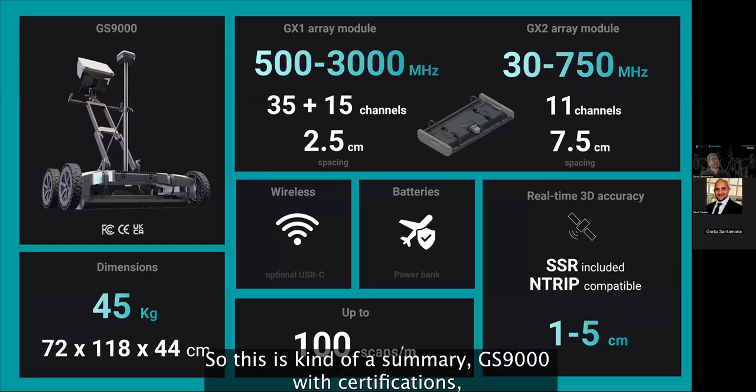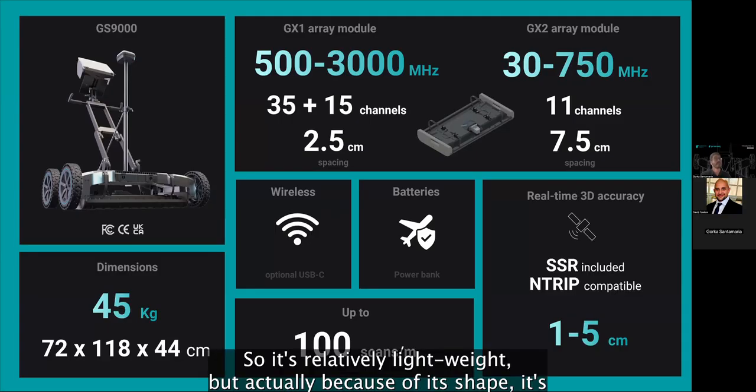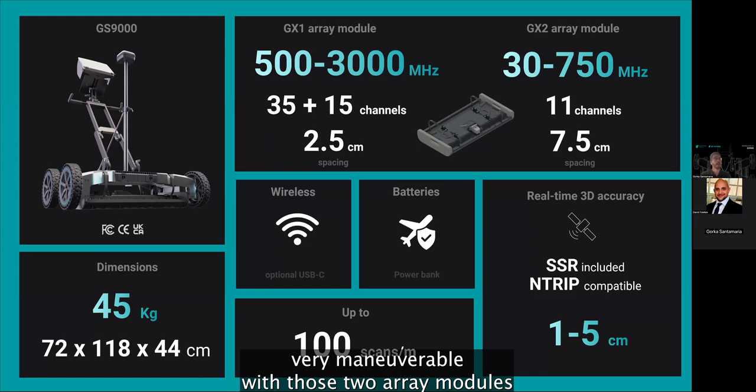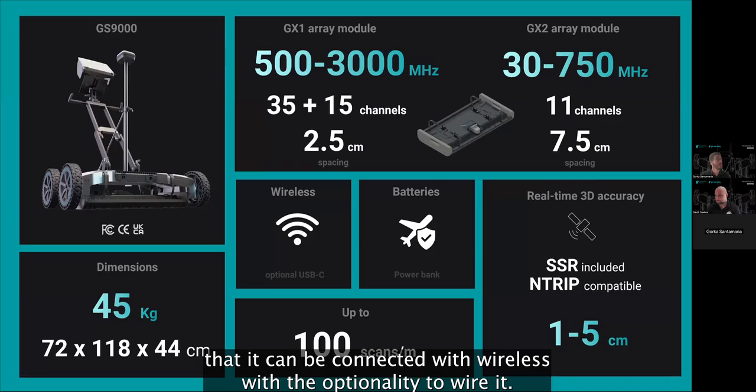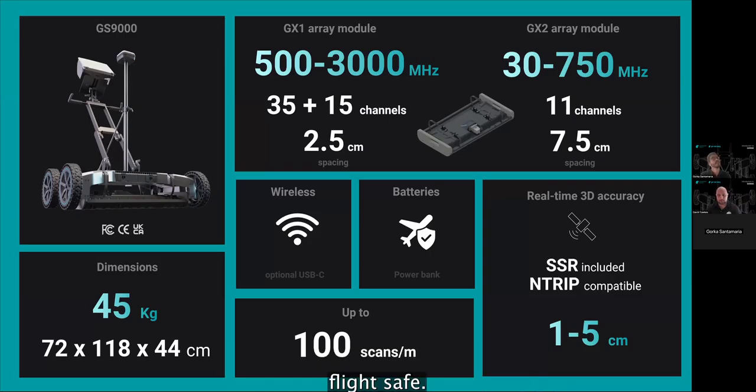Good. So this is a summary: GS9000 with all certifications, FCC, CE, UKCA. It's just 45 kilograms, so it's relatively lightweight, but because of its shape it's very maneuverable, with those two array modules that it can be connected with wirelessly, with the option to wire it. Batteries are power banks, therefore it's also flight safe.